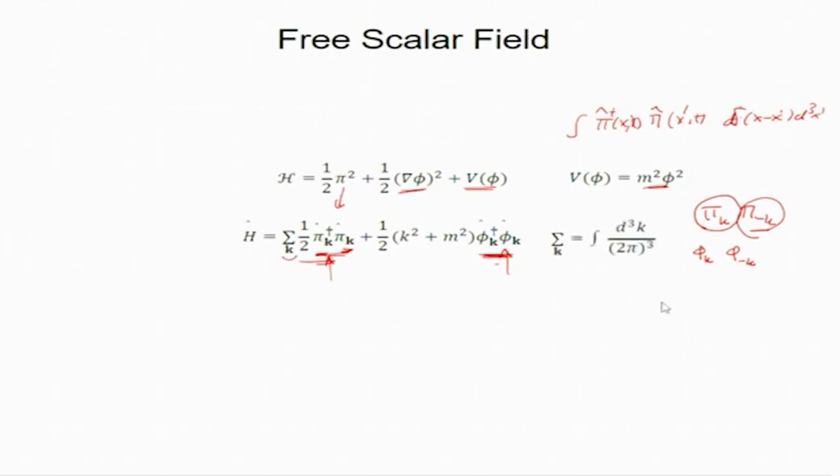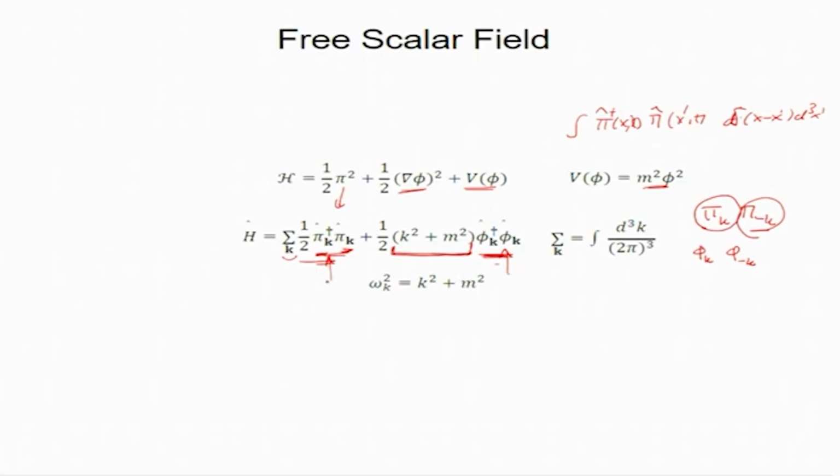That is what I have written here, and this sum is an integral. In 3D it is that, but in higher dimension it is going to be 2 pi to the power d. And this one, omega squared, is a function of k, so we write it as omega k squared. Okay.